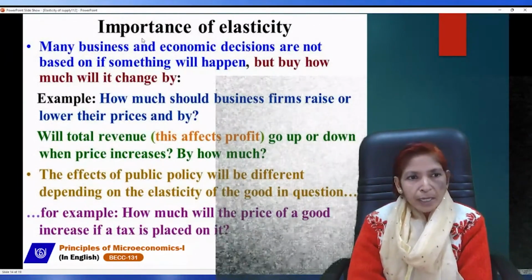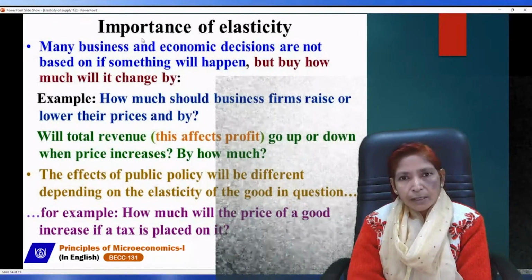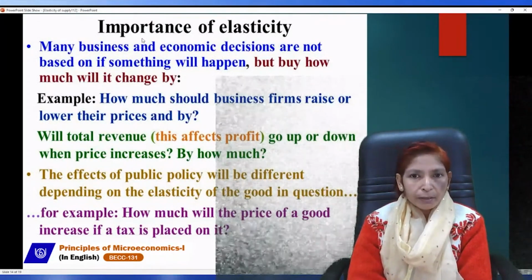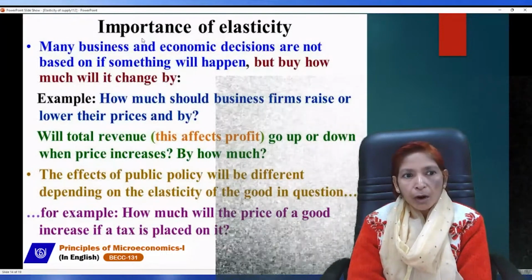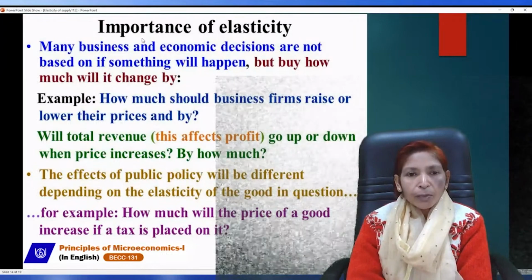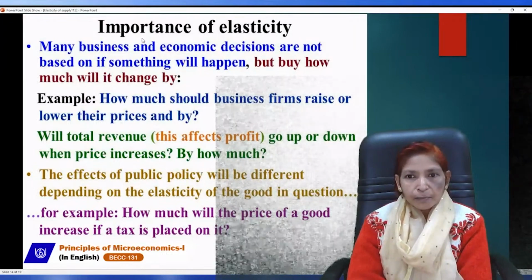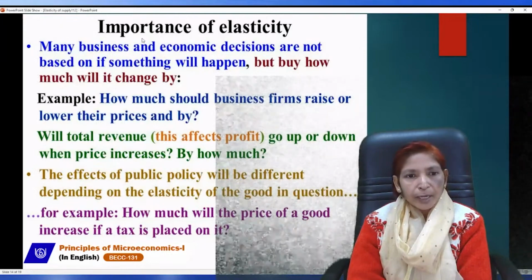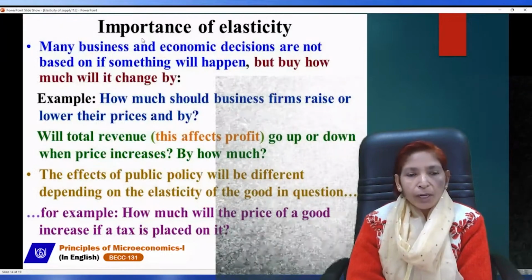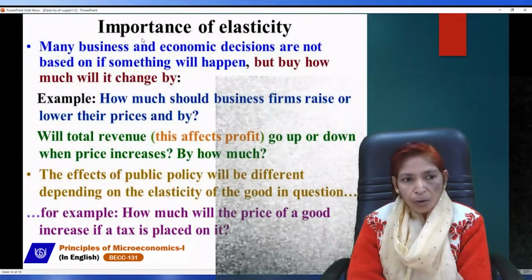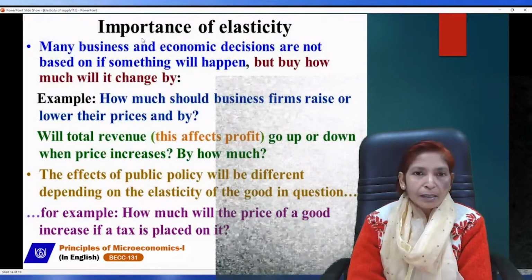First is many business and economic decisions are not based on if something will happen, but by how much it will change. For example, how much should a business firm raise or lower its prices and by what? Will total revenue, which affects profit, go up or down when price increases?